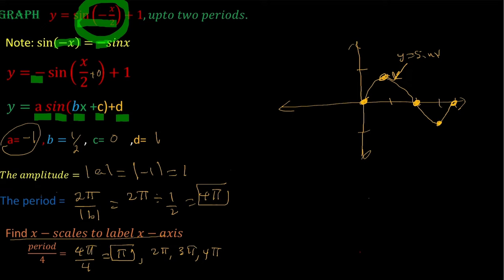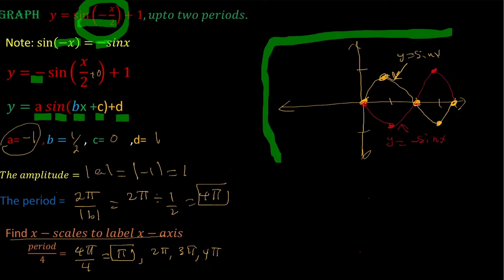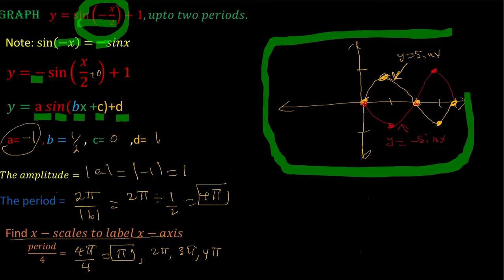Instead of going up, it's going to go down, then back to the midpoint, and then up to the maximum point, and then rest back. So all you have to do is remember this one, y equals negative sine x. If you remember the shape right here, you're going to be unstoppable.